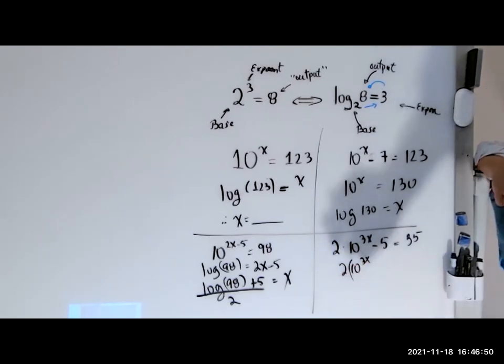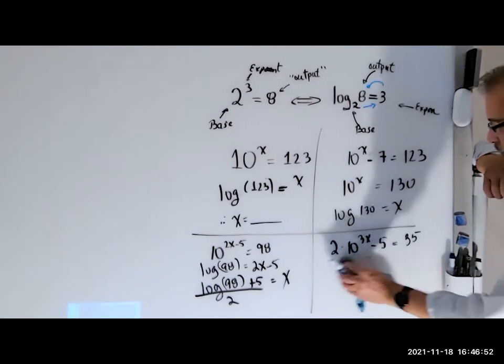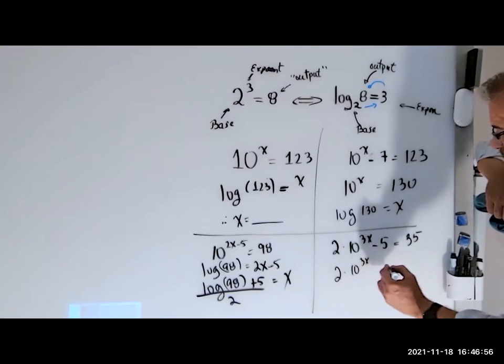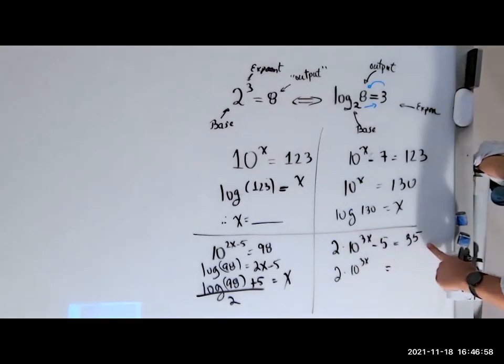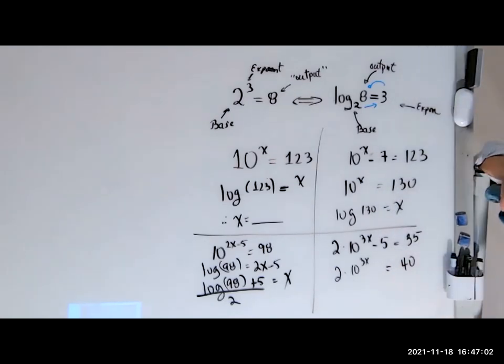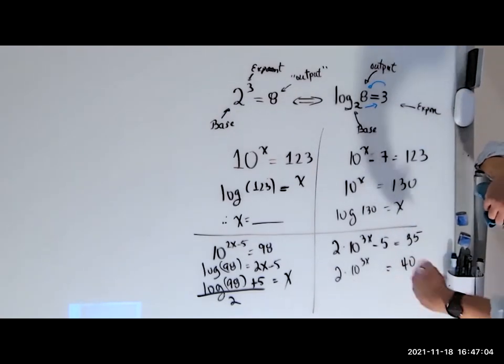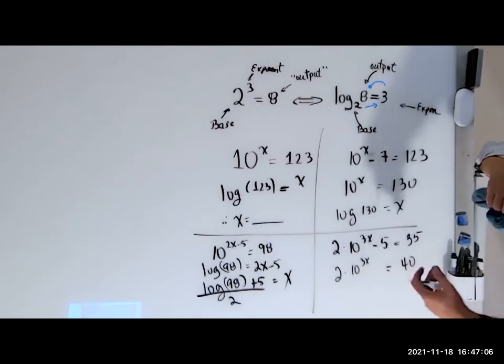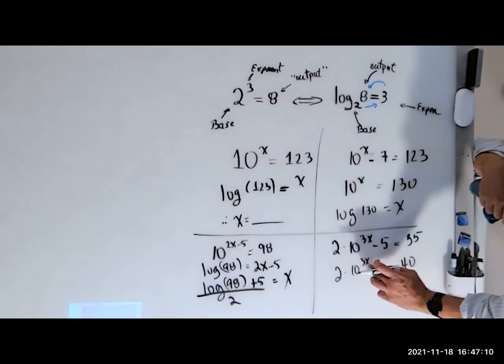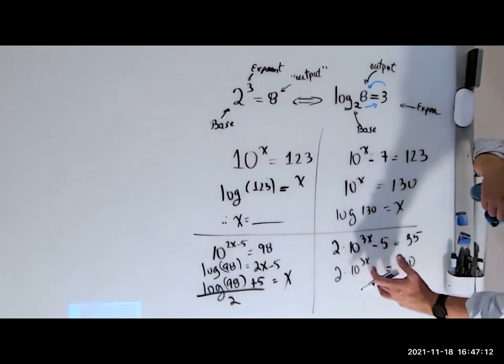Sometimes you will see a parenthesis. So 2 times 10 to the 3x equals, we add 5. So that would be 35 plus 5, that would be 40. And then, of course, before I switch to log, I must have the 10 to the number with the variable by itself.